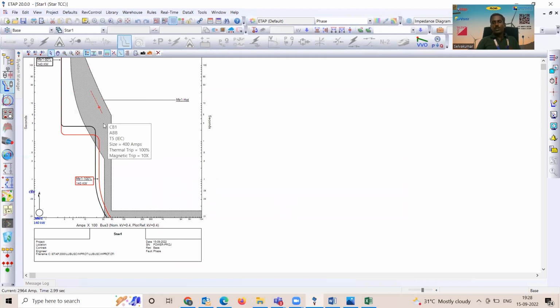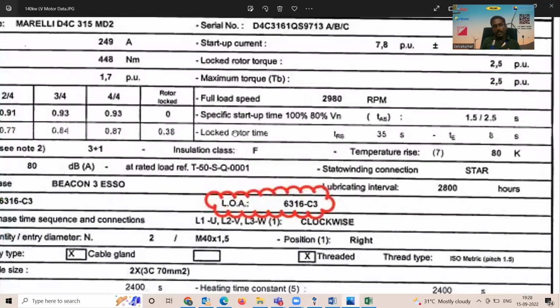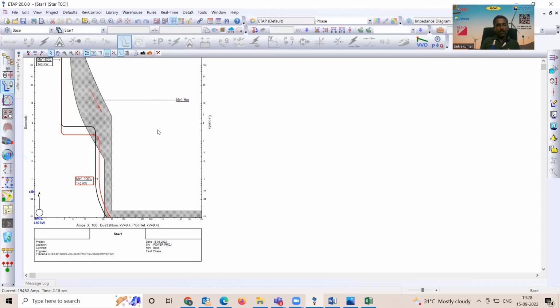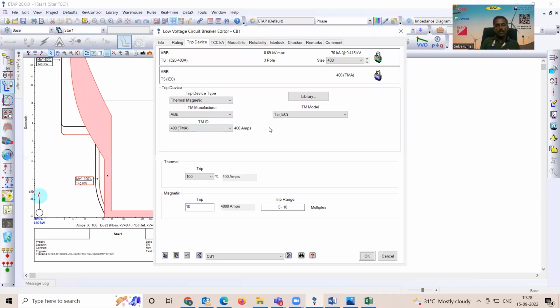So this gives a very precise and clear-cut message. If you have a motor with these characteristics, it cannot be protected effectively by your thermal magnetic release.